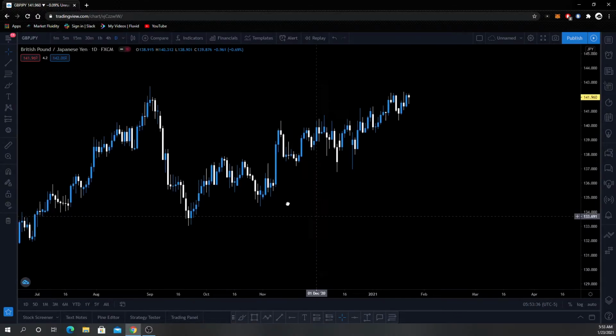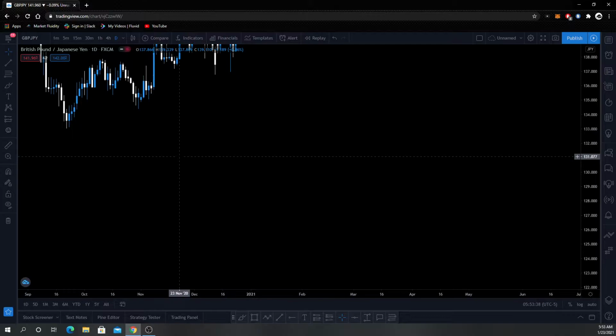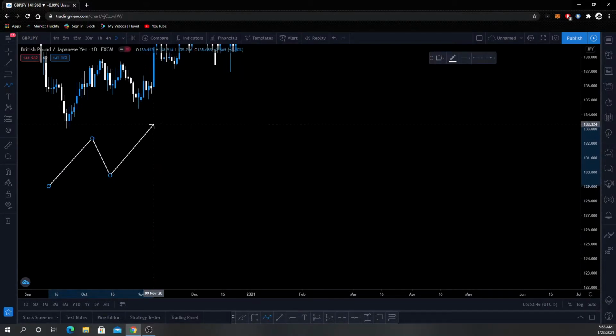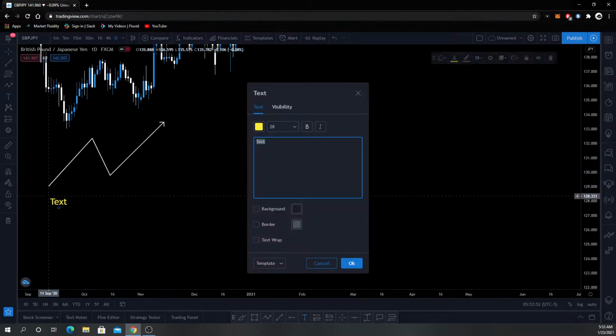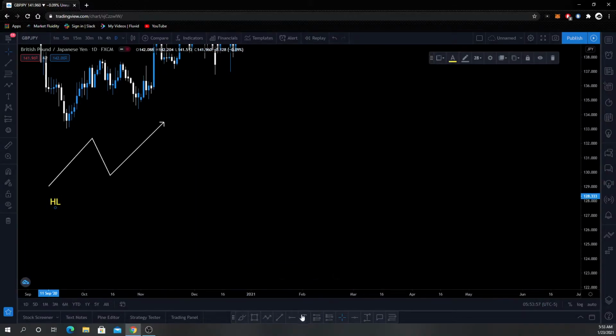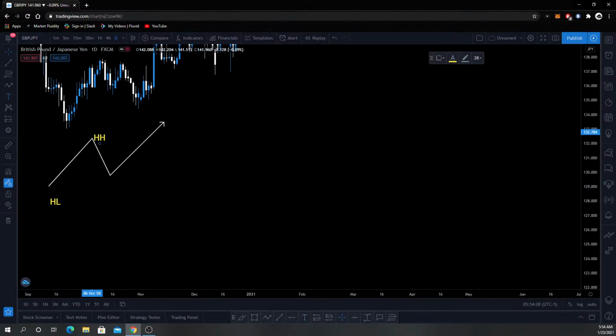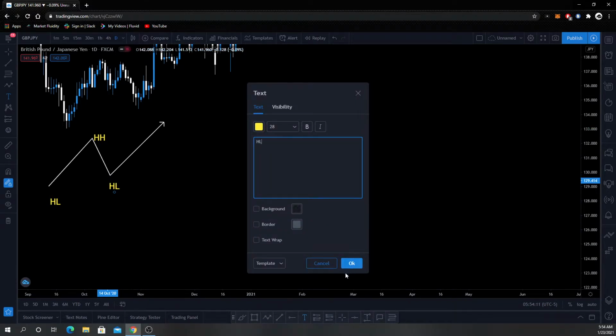What I mean when I say market structure is the three phases of the market. The three phases of the market are as follows. You have an uptrend where price creates a higher low, then a higher high, then another higher low, another higher high.